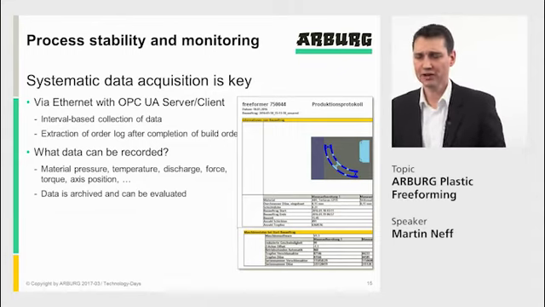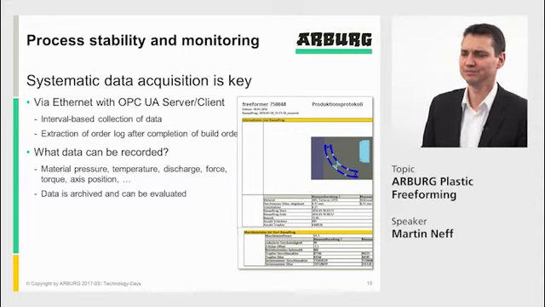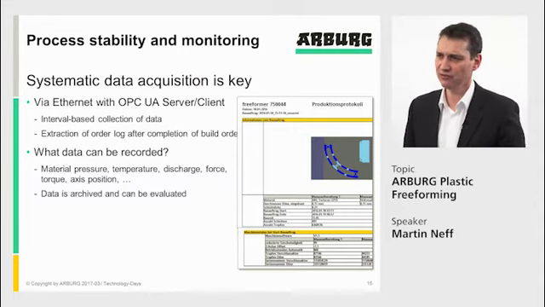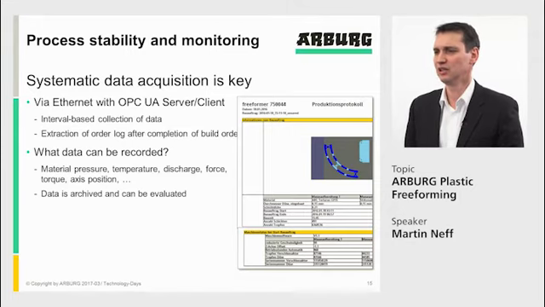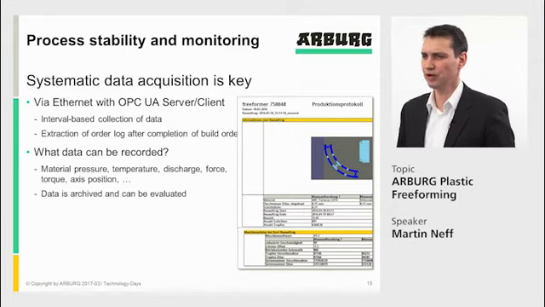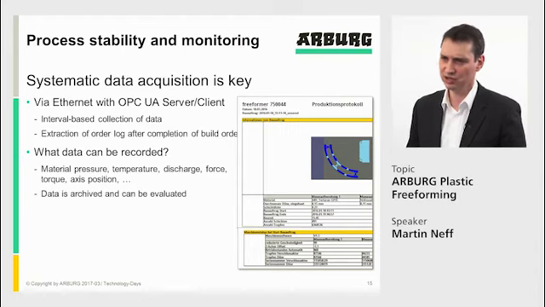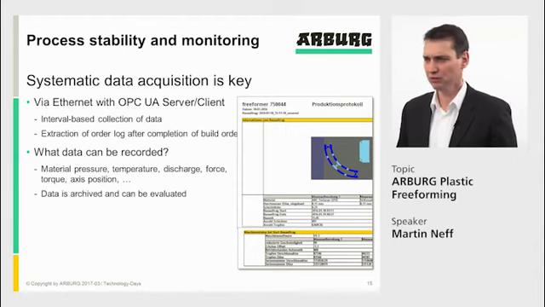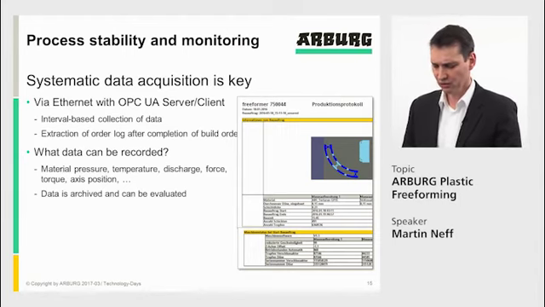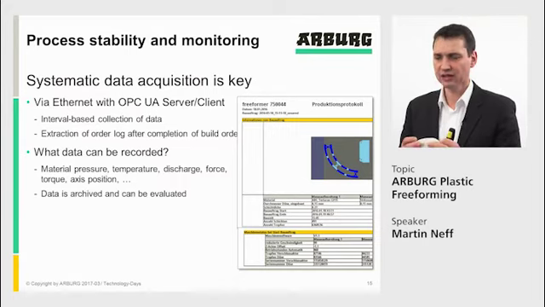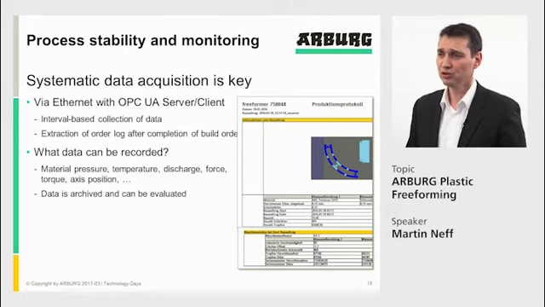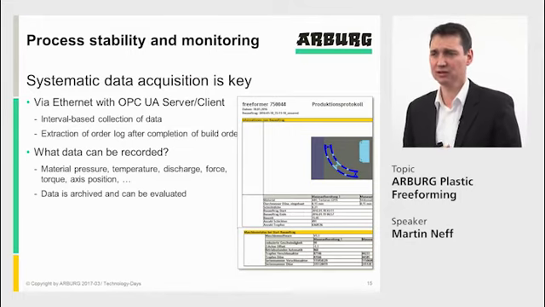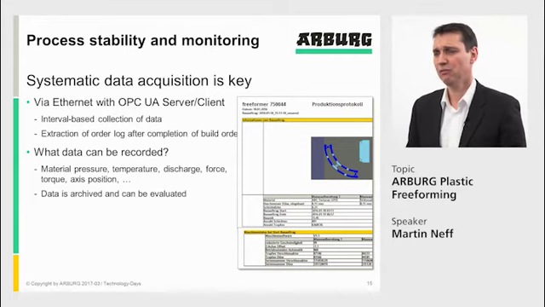What we know from other processes like injection molding, also here in the additive world, it is very important to get the real data of your process: the real material pressure, temperatures, the real discharge, the real torque, the real force, and with that we can correlate to the part stability and to the part density. It is very important to be able to extract those data from the machine.